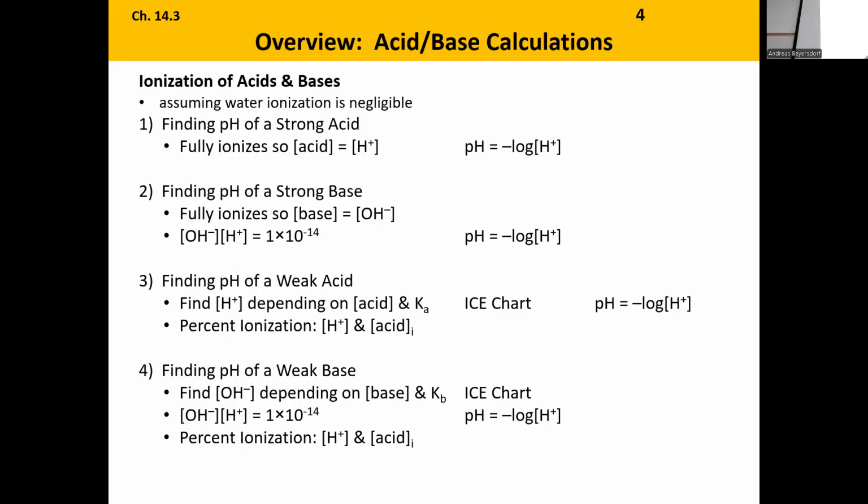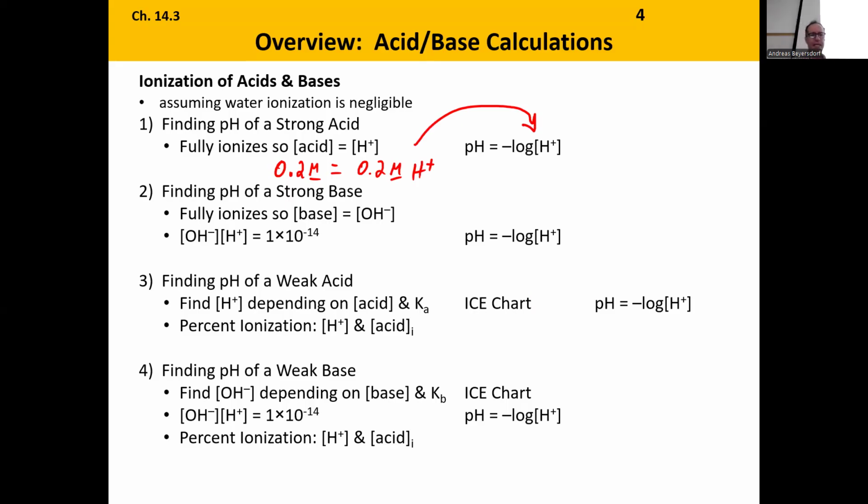So last Tuesday, we talked about acid and base calculations, how to find the pH of an acid or a base. That really depends on whether it's a strong acid or base or a weak acid or base. If it's a strong acid, and you're told it's 0.2 molar acid, that means it's 0.2 molar H plus, and you can just plug that in to find the pH.